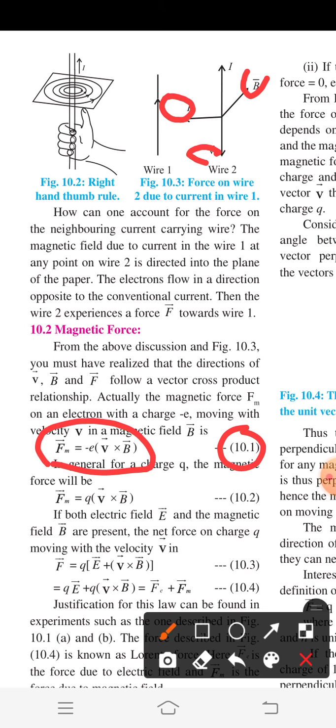Magnetic force on an electron with a charge minus e moving with velocity v bar in magnetic field B bar.